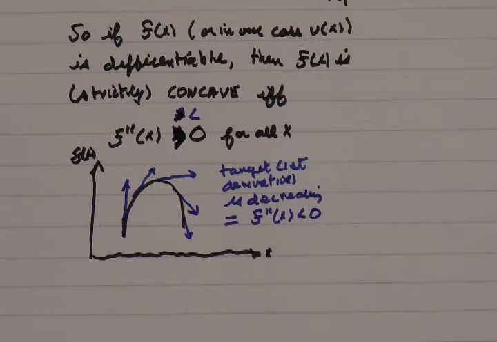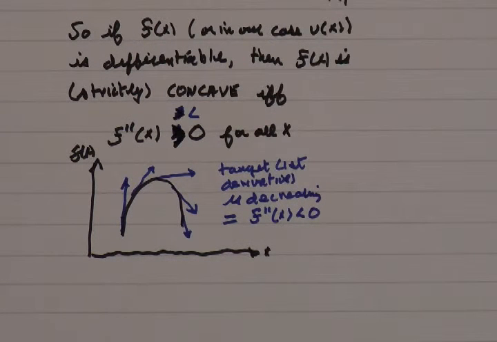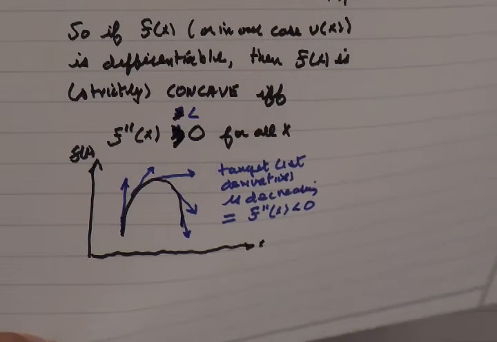If it's always decreasing, the second derivative shows that it must be less than 0 because the first derivative is decreasing here. So this gives us an easy way to see if the utility function is concave.